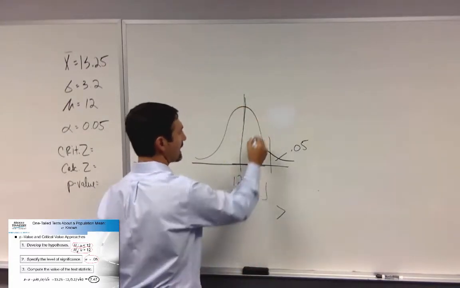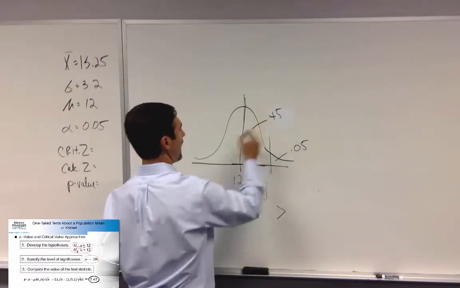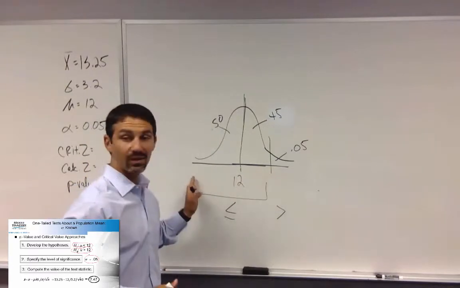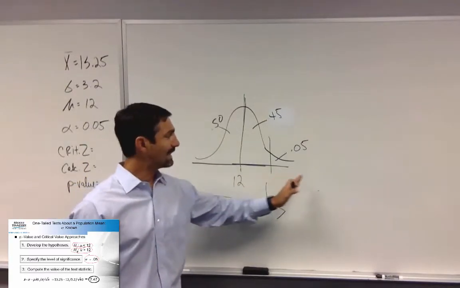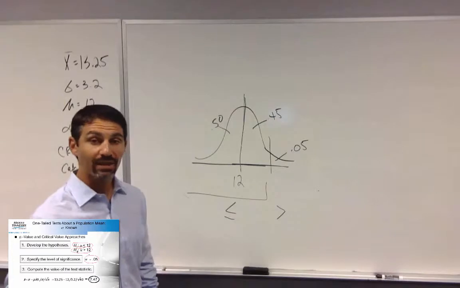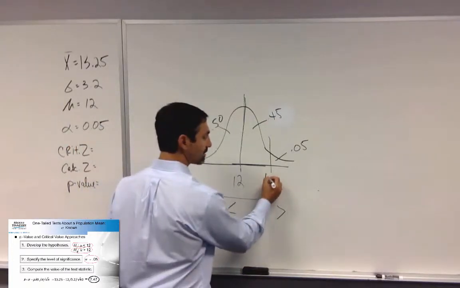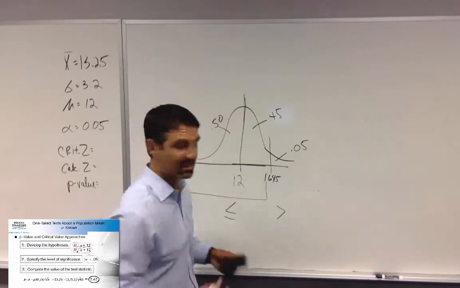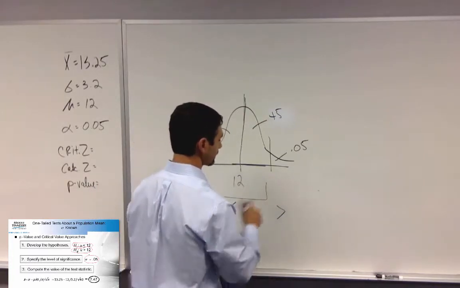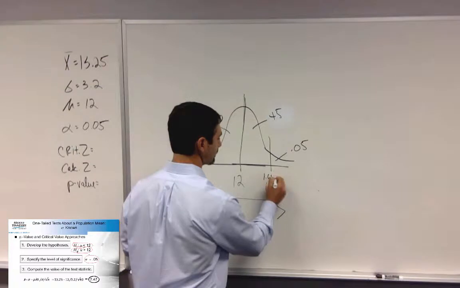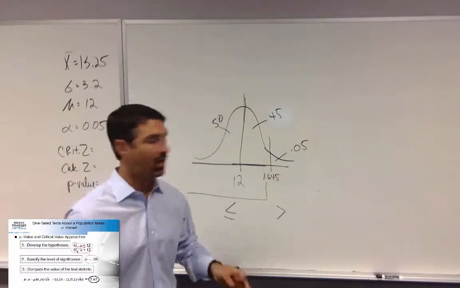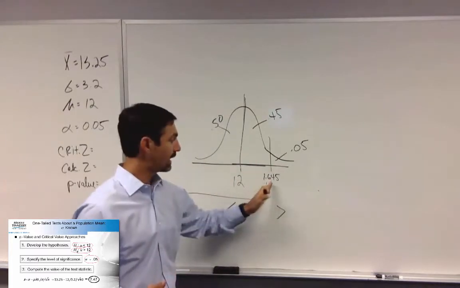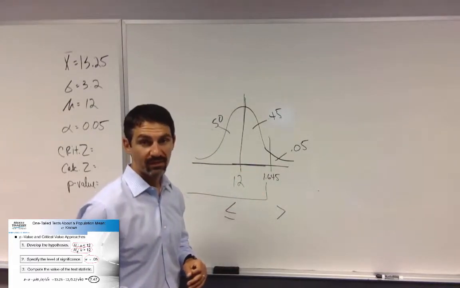Well, if you think about that, this area is 0.45, this side is 0.50, that means from here over is 95%, and in there is 0.05. So at this point is 1.645, just as a z-score. That's one thing we know: for 0.05 or for 95%, it's 1.645.